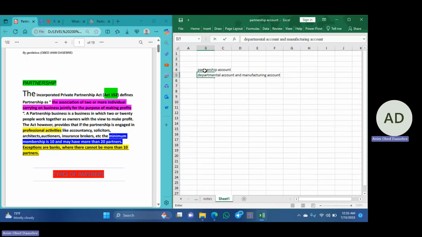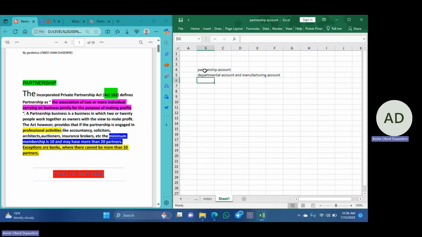I'll do these two topics together because they are related, and it will help you to solve a full question on manufacturing accounts. Departmental accounts will not come in your exams, but you need some knowledge of departmental accounts to help you solve questions on manufacturing accounts. So I'll be doing a separate video on departmental accounts and then manufacturing accounts, right?